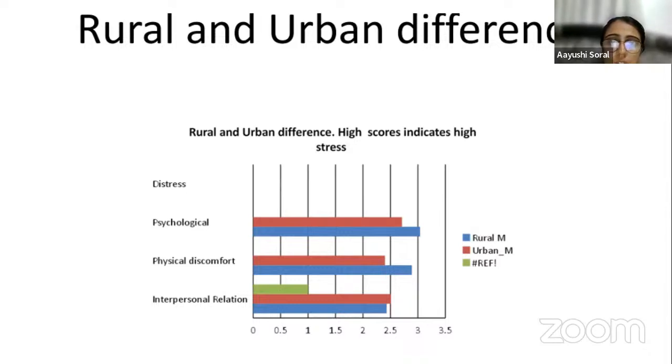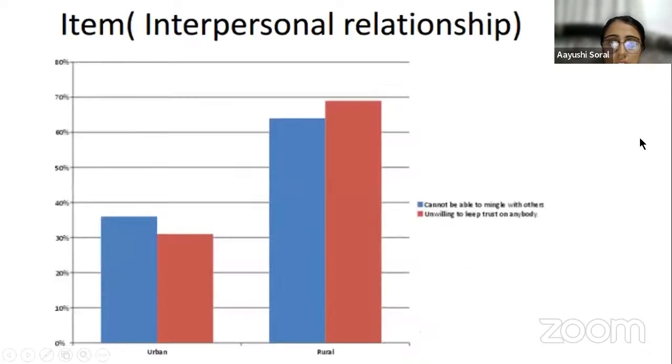Further, this is the item-wise data for interpersonal relations. Items like cannot mingle with others, and unwilling to keep trust on anybody.